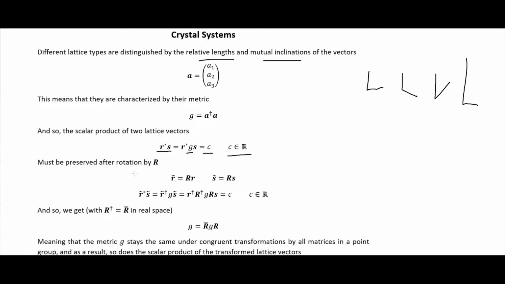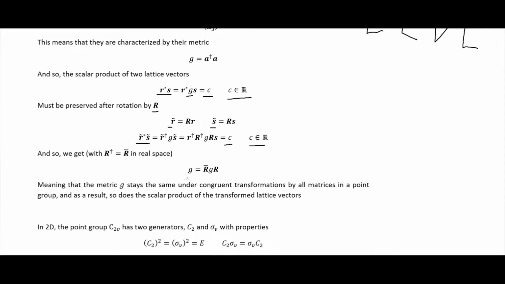And this must be preserved after a rotation by r. So we get the r tilde and the s tilde here. So the r tilde dot s tilde here must also be equal to this constant here, this scalar, which is a real number. And so it must be the case that if we take the conjugate of our metric here, we just end up with our metric again.